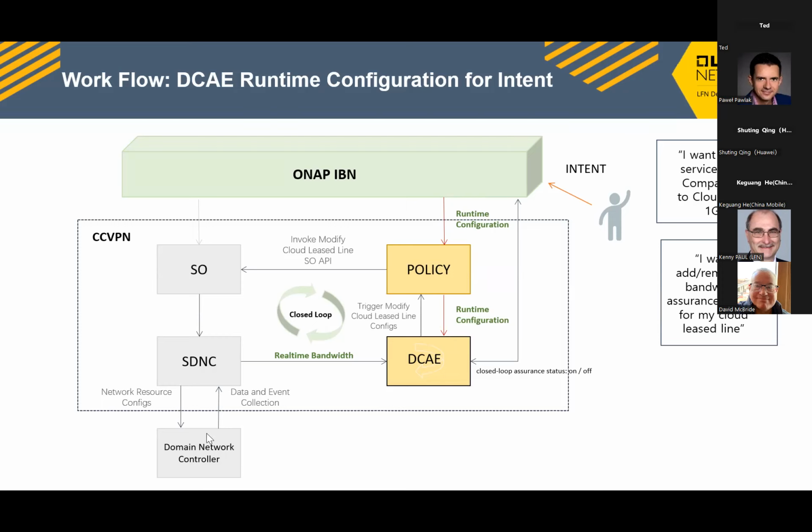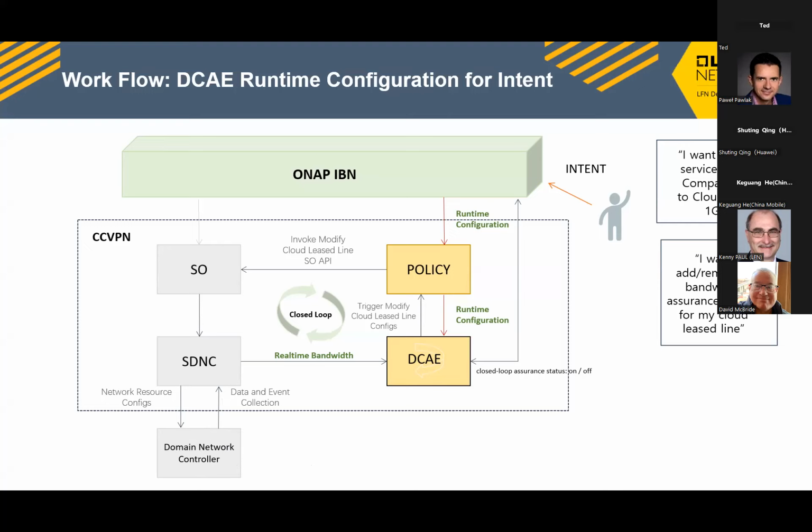So at this time, for the bandwidth that we detected, let's say the bandwidth is 0.8 GB, and the real-time bandwidth increases to 1 GB, and then increases to 1.2 GB. And okay, these bandwidths are all detected and pushed to SDNC and then pushed to DCAE.